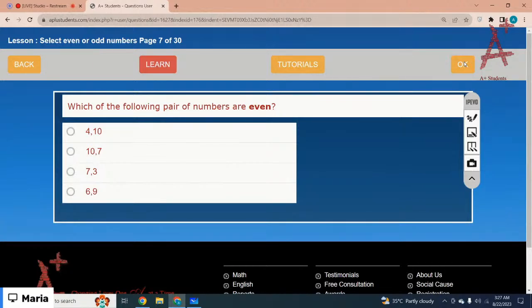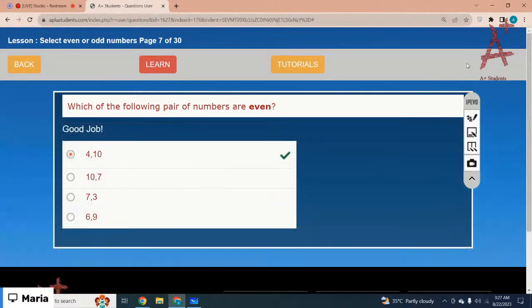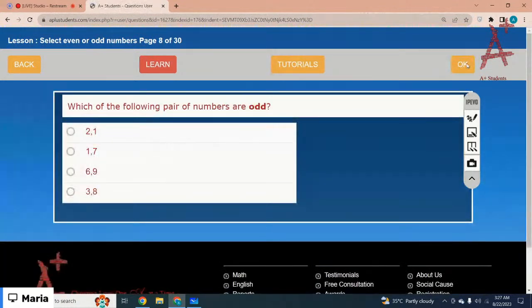Which of the following numbers are even? Which is the correct option? 4 and 10, they both are even, right? Option number 1 is the correct option. Which of the following pair of numbers are odd?